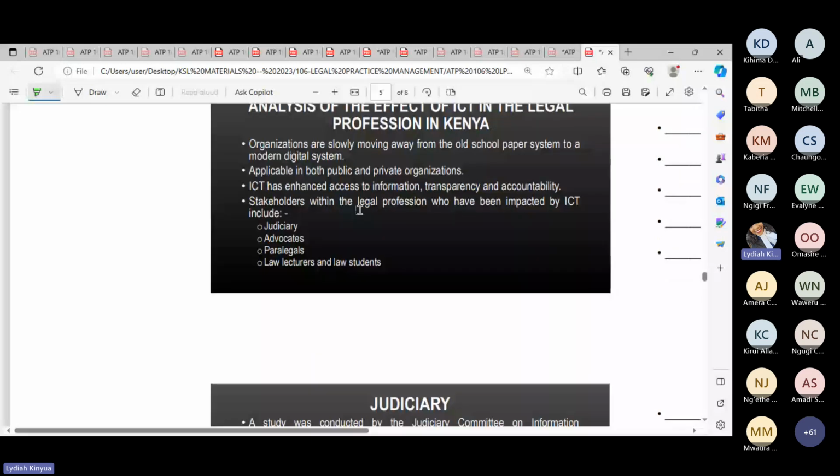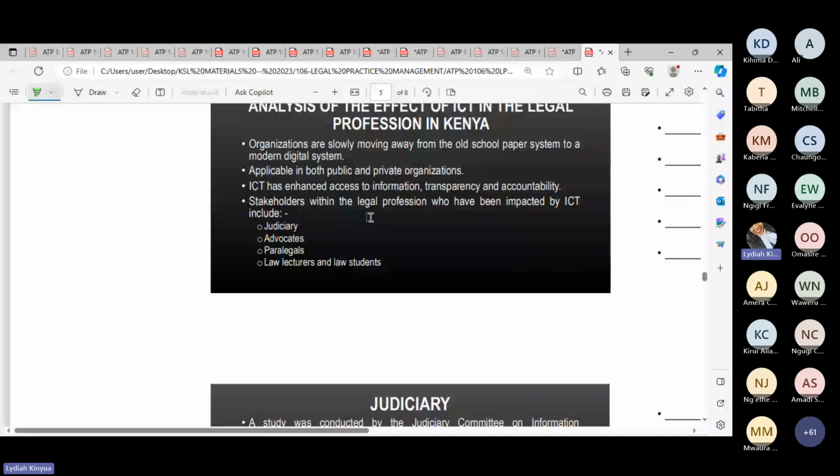Before you go to what I want to show you, how you apply ICT in the legal profession: we have virtual courts. Number one, you can research, you can attend court, you can inform clients, you can market your law firm, you can do so many things with it. You can attend seminars, you can train your employees using ICT. You don't even need to go to the law firm where they are. Those are the advantages of ICT.